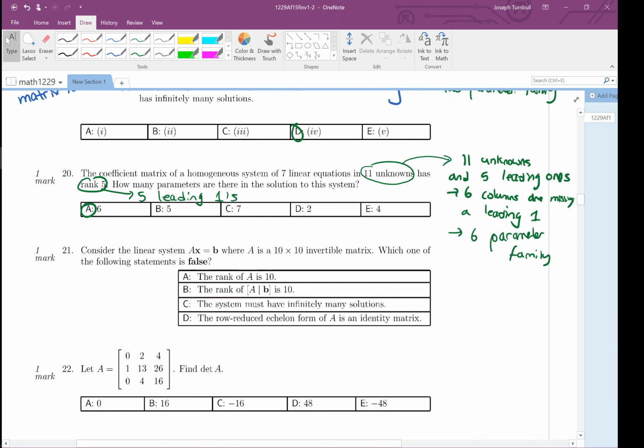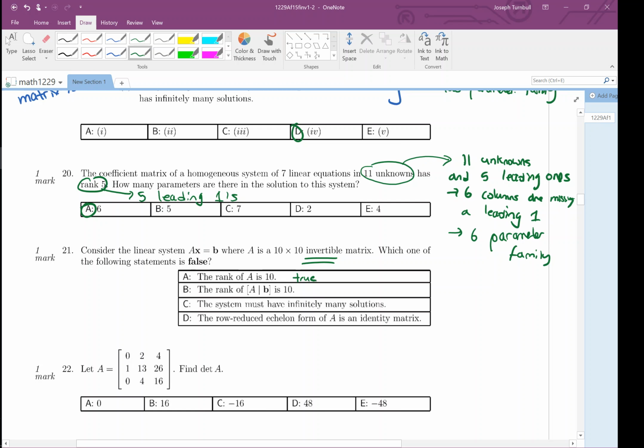Okay, number 21. Consider a system AX is equal to B, where A is 10 by 10 and invertible. Invertible, that's important. That's probably the key to this. Which of the following statements is false? Rank of A is 10. That's definitely true. And here's why.